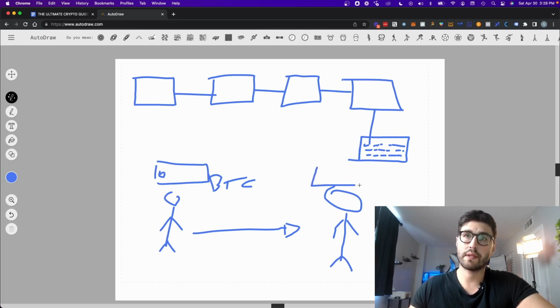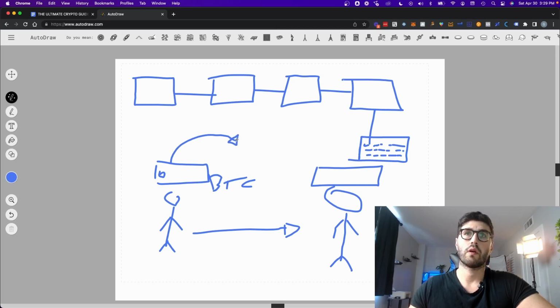What happens in the process is that by initiating the transaction, I basically start a process within the blockchain network of creating a transaction and mining a new block, which is this little square that you can see right here.